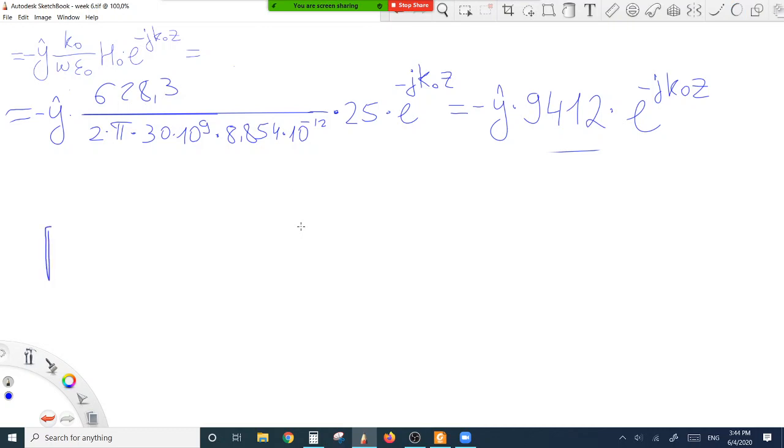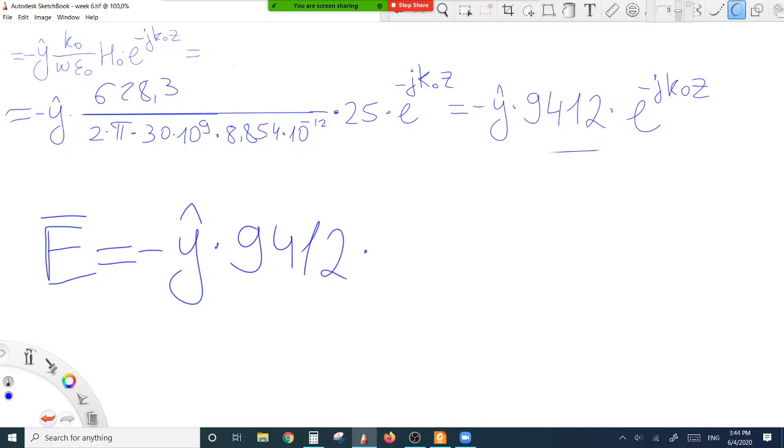We may write the electric field intensity equals minus y multiplied by 9,412 multiplied by e to the power of minus j k0 z, where k0 was 628.3.